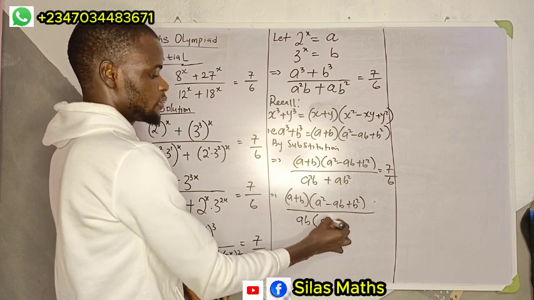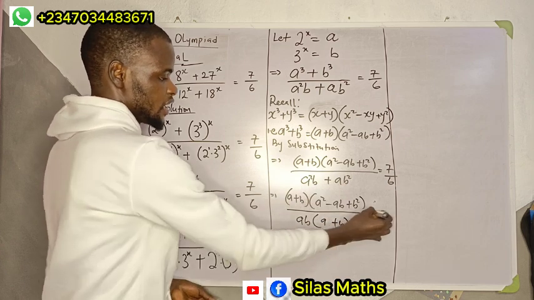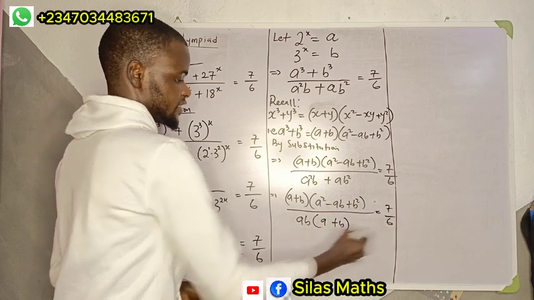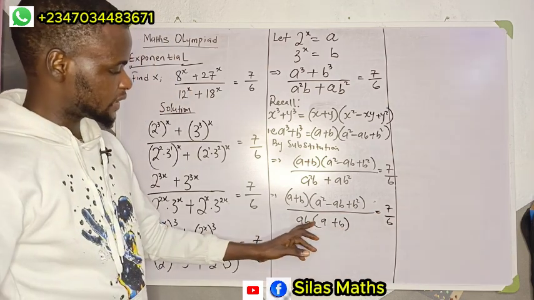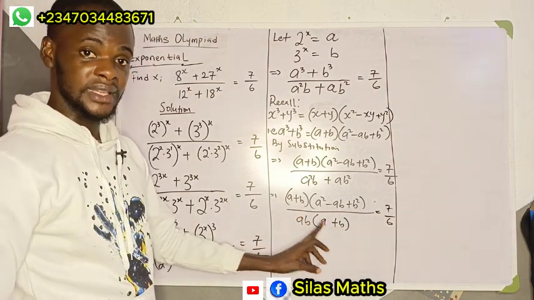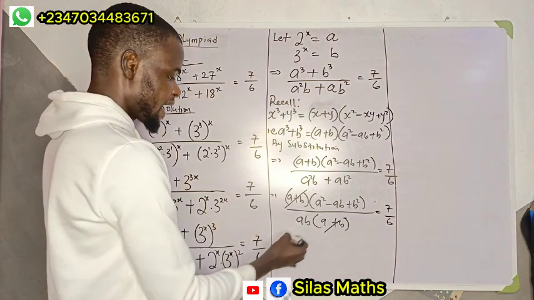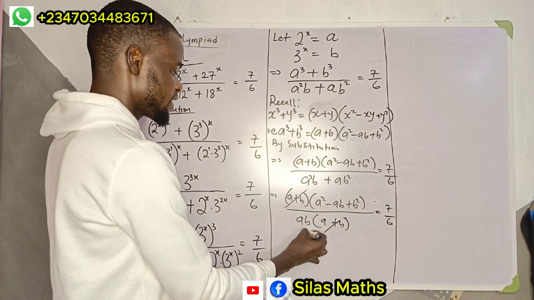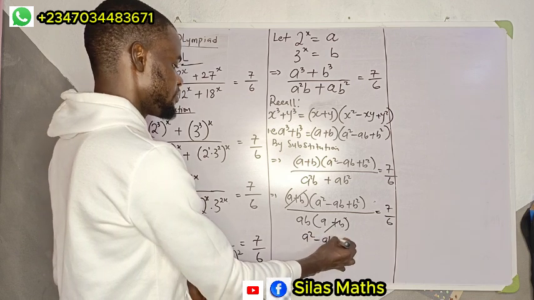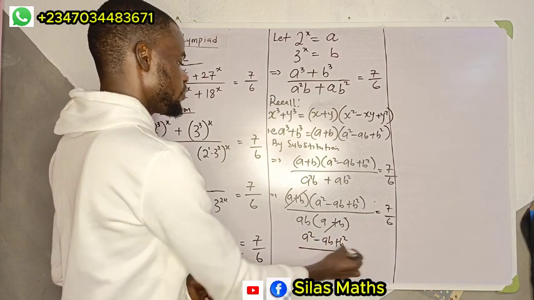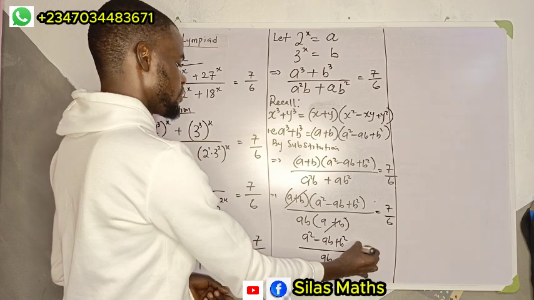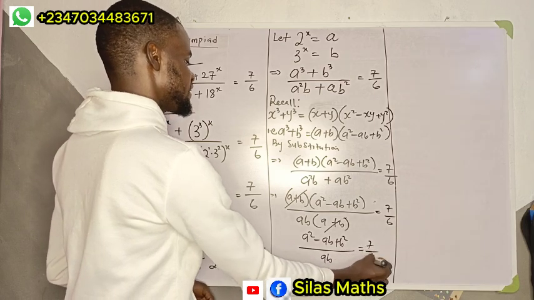Take away ab here, what will be left here is b, equal to 7 over 6. So at this point, you can see that this and this are common terms and they can cancel out. So what I have left is a square minus ab plus b square, all over ab, equal to 7 over 6.